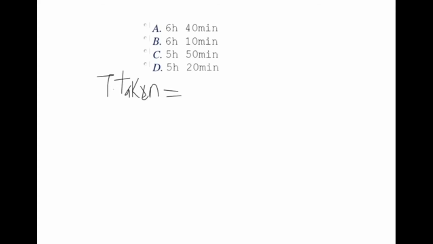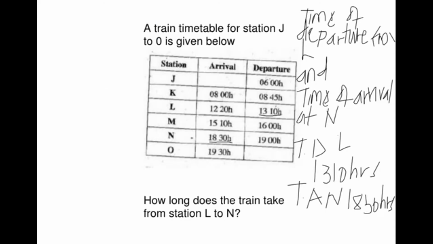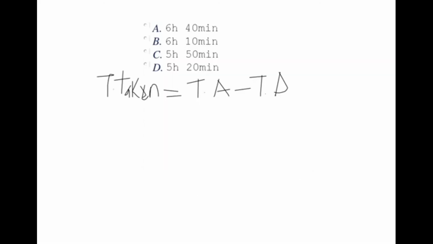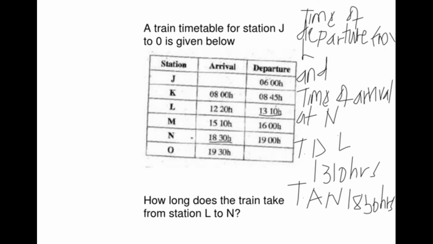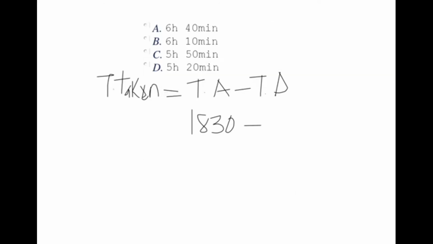is given by time of arrival minus time of departure. So we have 18:30 hours minus 13:10.